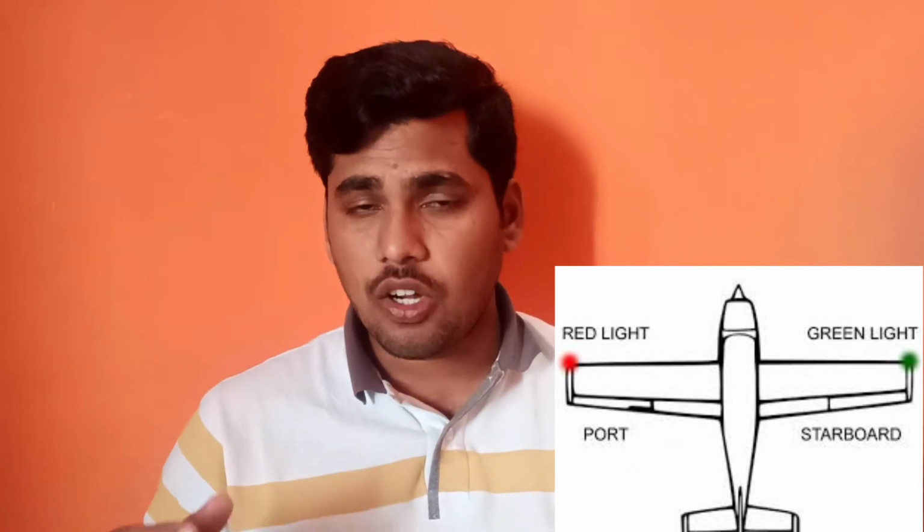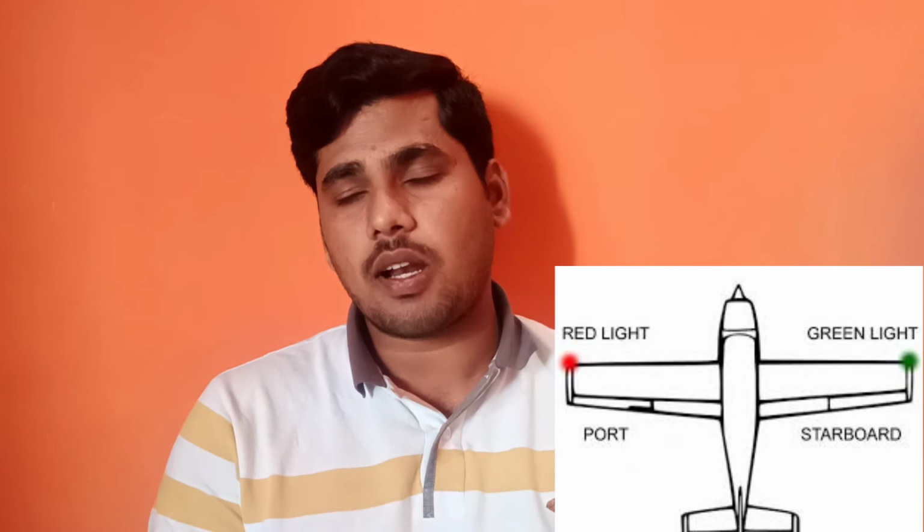In case of emergency it is allowed, but normally it happens from the port side, which is the left hand side of the aircraft. The right side wing we call the starboard side.